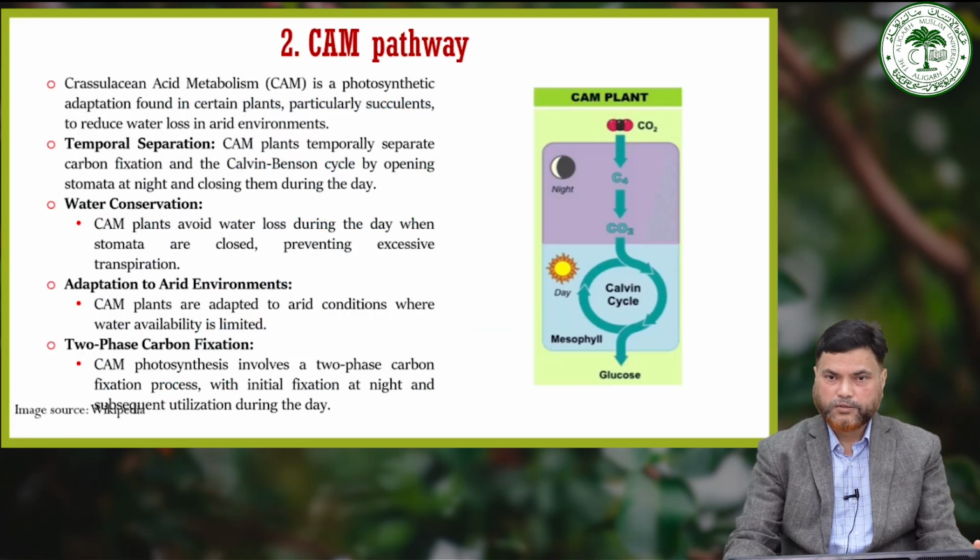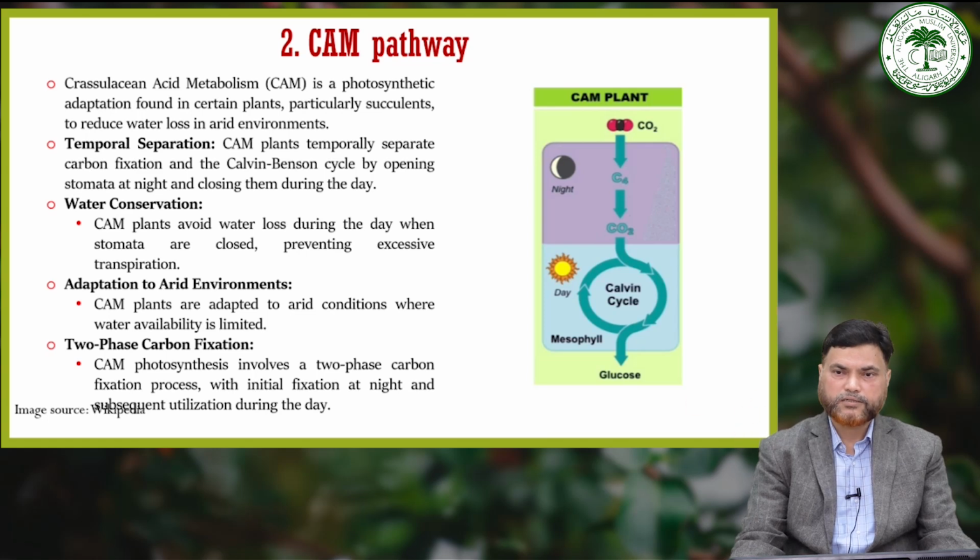Now come to the CAM pathway. You see that some plants adapted to arid environments like cactus, pineapples, which basically employ Crassulacean acid metabolism pathway to reduce photorespiration.